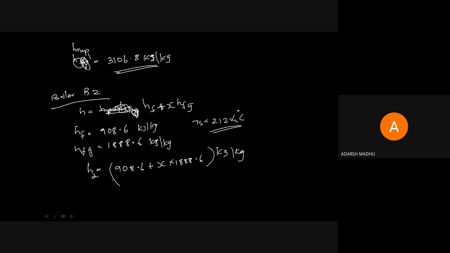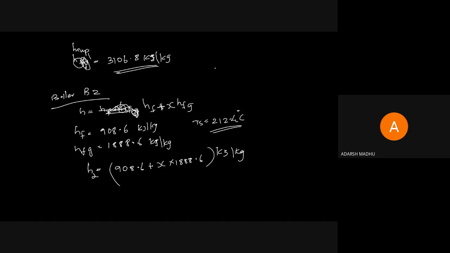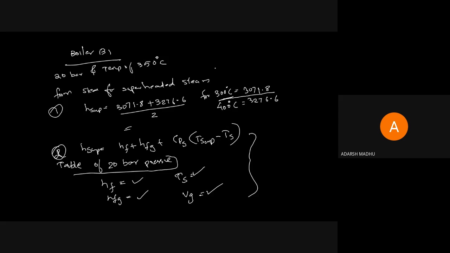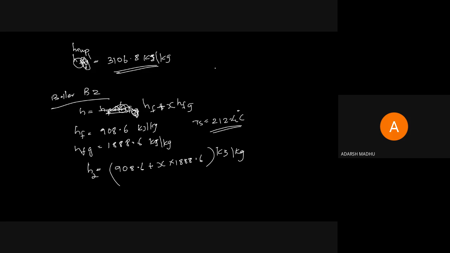So here we have the equation for H main, that is HF plus HFG plus CPS into T superheat means T main. So ഇവിടെ difference വരുന്നത്, you will think that the H superheated one or first boiler value, രണ്ട് വാല്യൂ സെയിം ആയിരിക്കില്ലേ എന്ന് നിങ്ങൾക്ക് തോന്നാം.